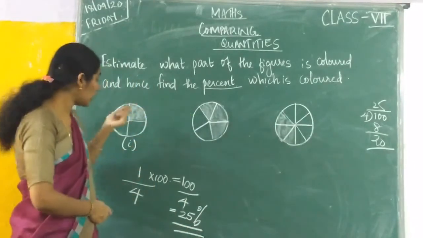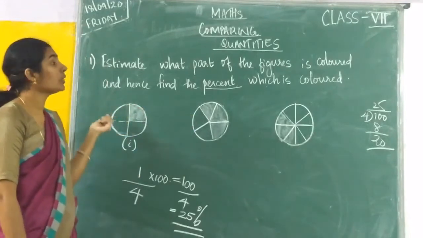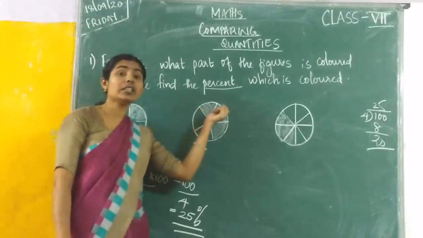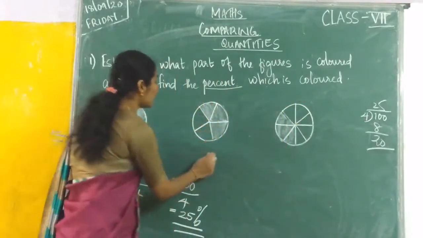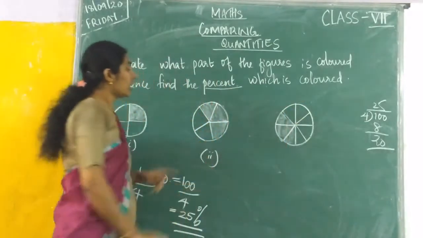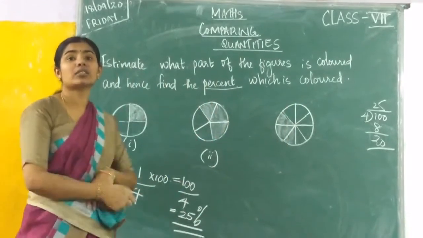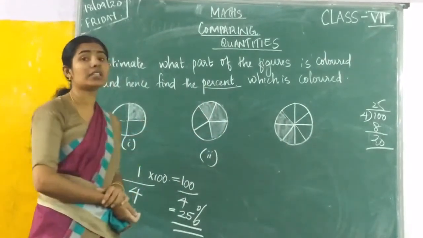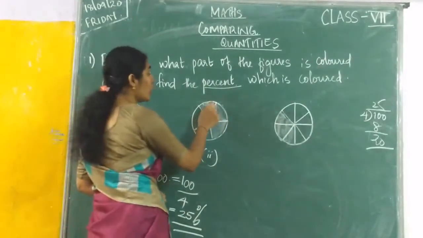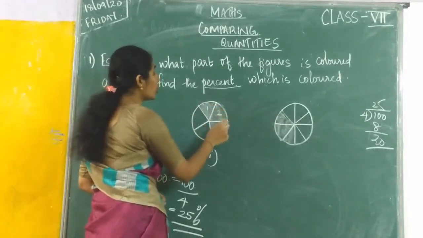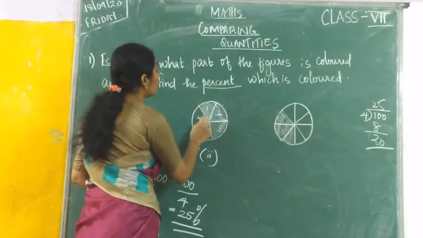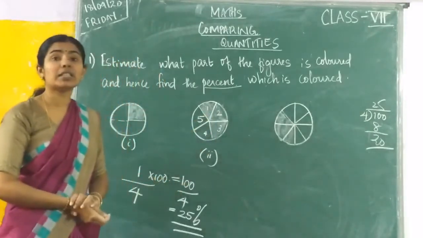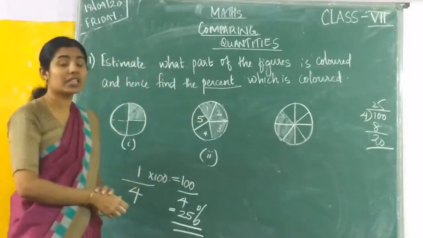In that one, some parts they shaded. So how many parts they shaded you should find, and its percentage also. See the second figure. Here they have given one circle. Total how many parts are there? Count. 1, 2, 3, 4, 5. 5 parts are there.